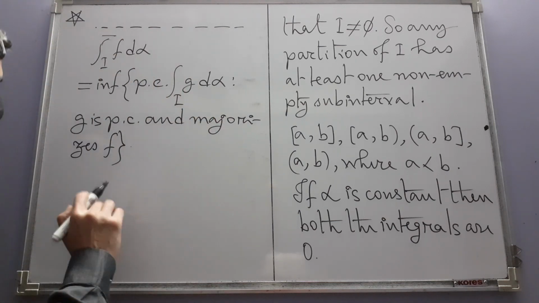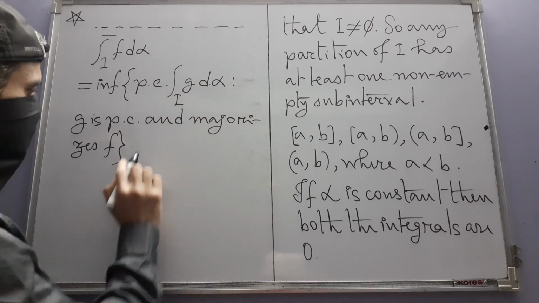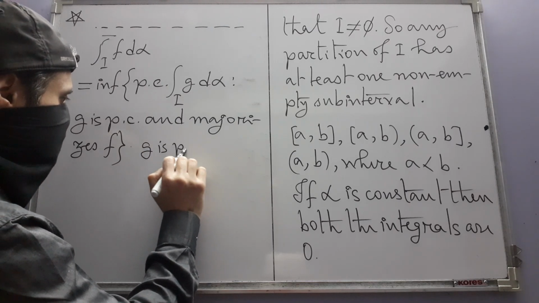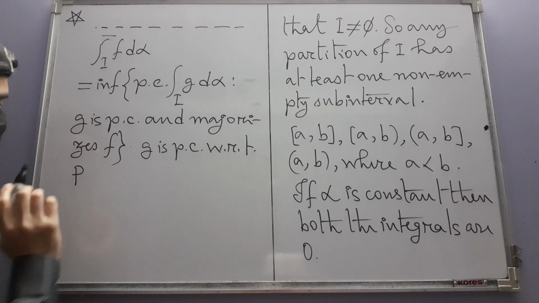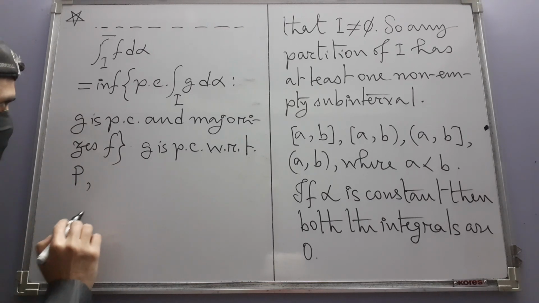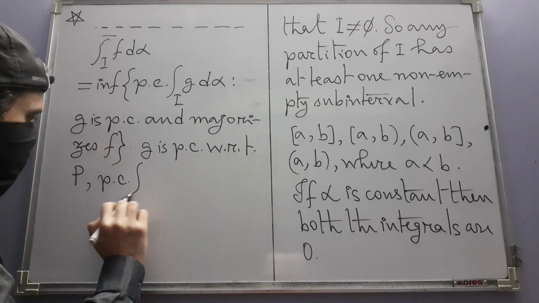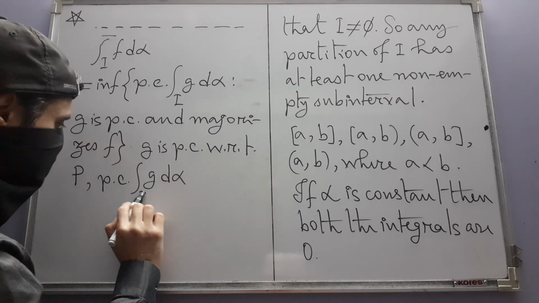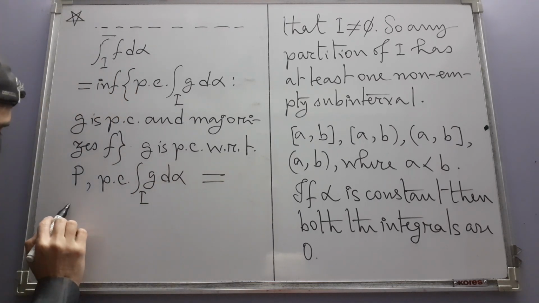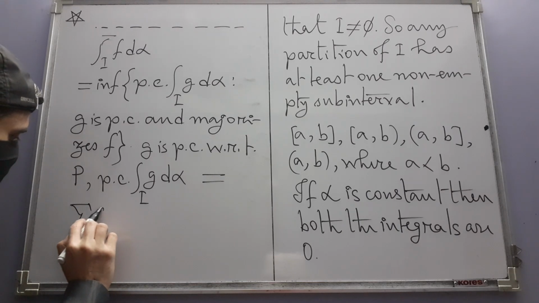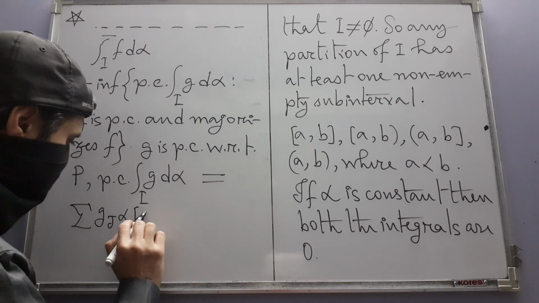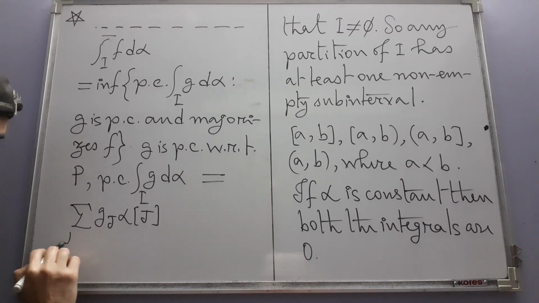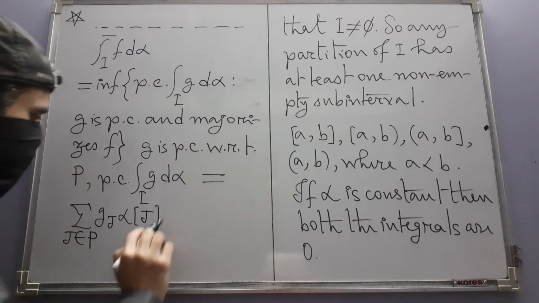Suppose you take any such G and G is PC with respect to some partition P of I. Then the PC integral of G, Riemann-Stieltjes integral, will be equal to, by definition, the summation of G_J, which denotes the constant value that G has on the subinterval J, times alpha length of J as J varies over P.